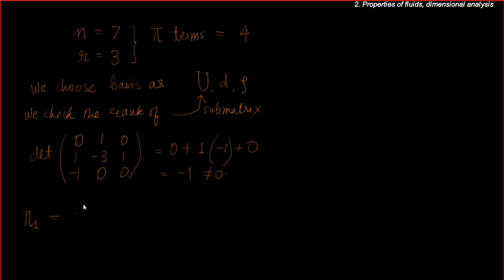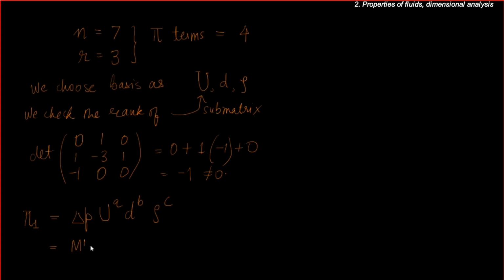For proceeding, let us choose the velocity, diameter, and the density to be the basis vectors. But before ascertaining whether they are really the basis vectors, let us quickly check whether the submatrix formed using these three parameters is indeed non-zero.